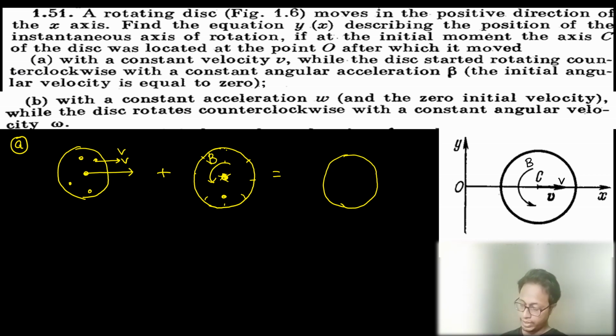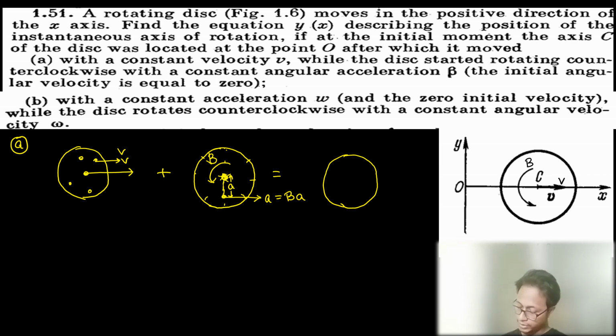The velocity of this point would be in this direction. By how much magnitude? Let's say the distance from the center of this point is a. So the linear acceleration of this point is nothing but beta into a. And how do we obtain that?